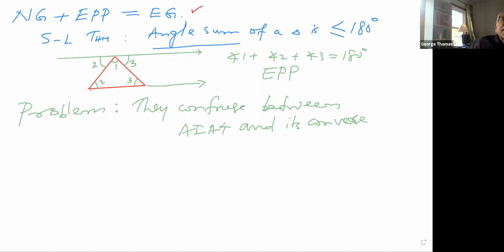For them, it's the AIAT converse. The only thing they know is that alternate interior angles are equal, or if they are equal, they are parallel. For them, they are both the same theorem. No. All right. So we just proved that the angle sum in a triangle in Euclidean geometry is 180 degrees.